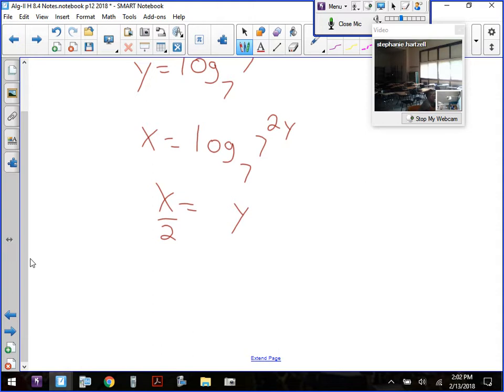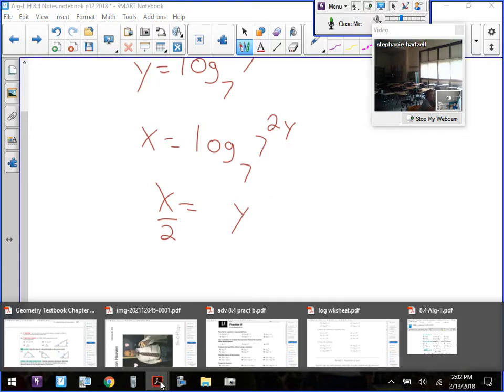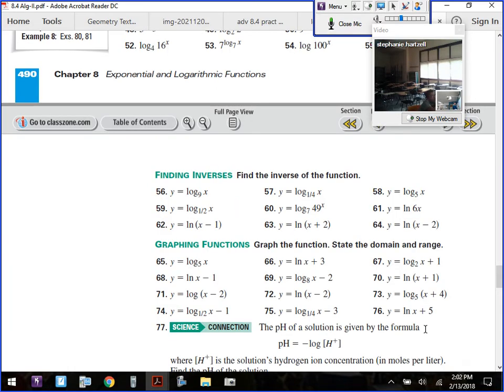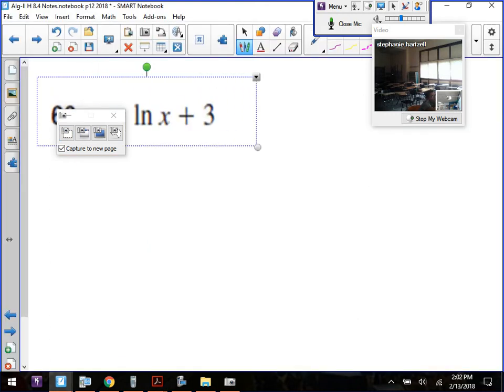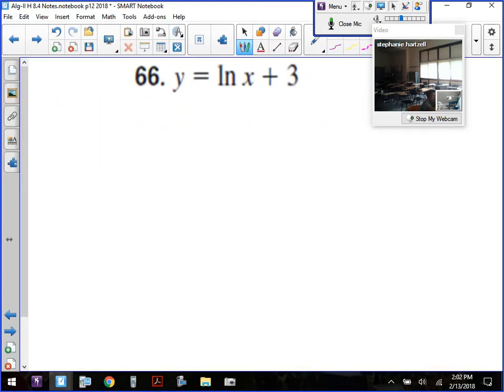Remember, natural log is the exact same thing as saying log base e. E's approximation is like 2.8-ish, I think is what we said it was.